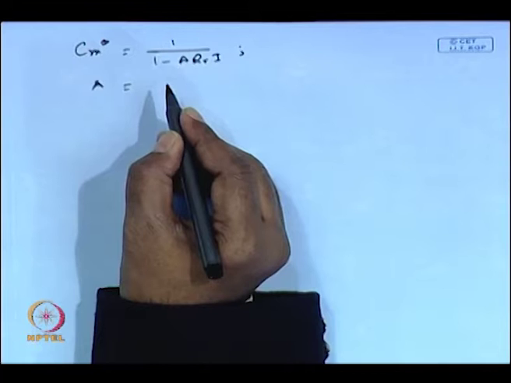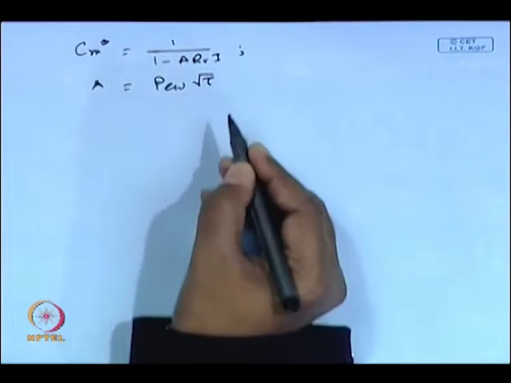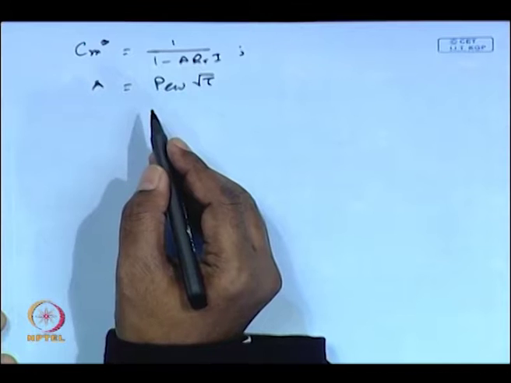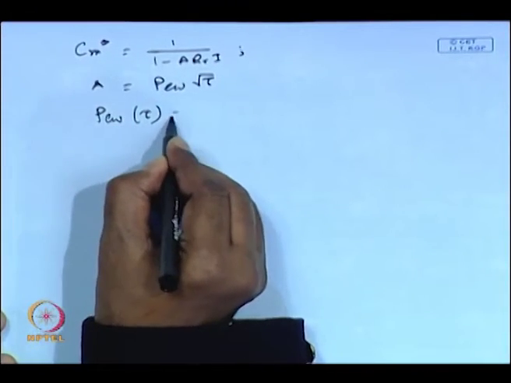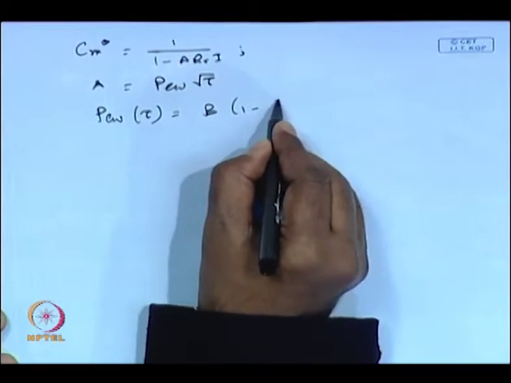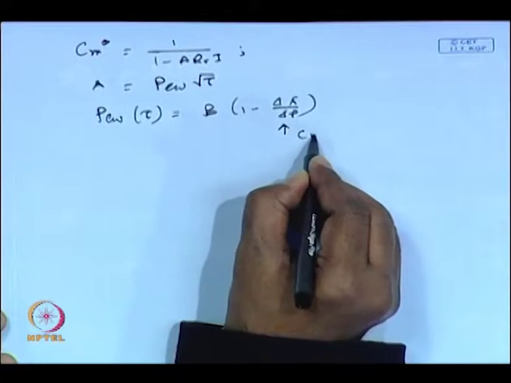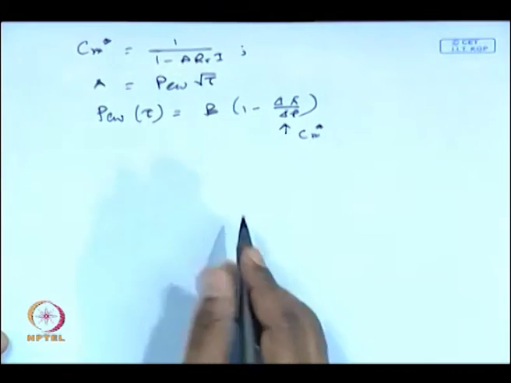If you remember, A is nothing but Pw root over tau. And Darcy's law is Pw at any point of time equals B times 1 minus delta pi by delta P, and this is a sole function of Cm star. So, that is it.